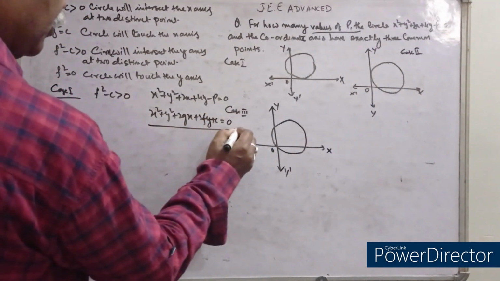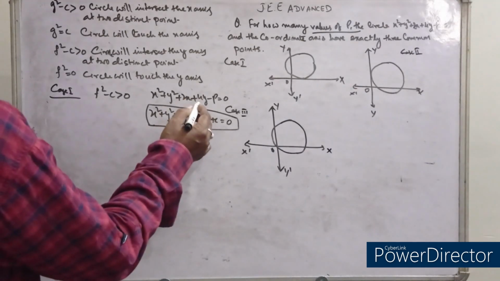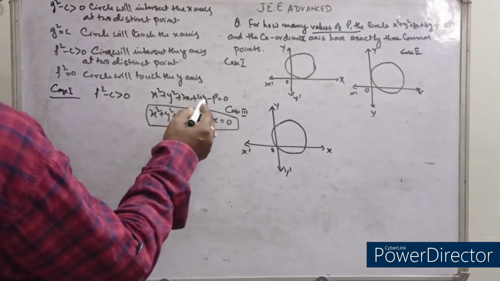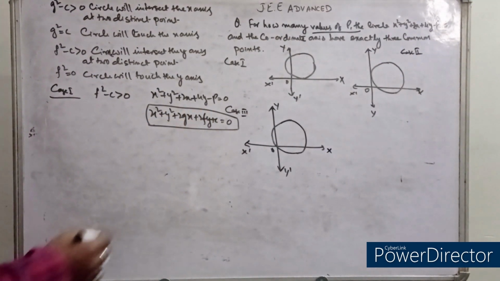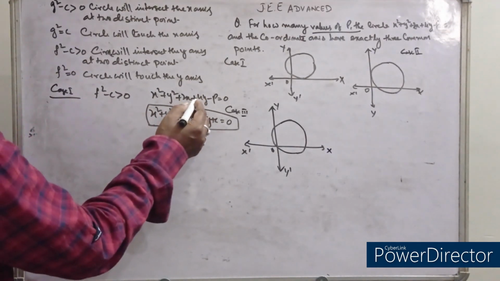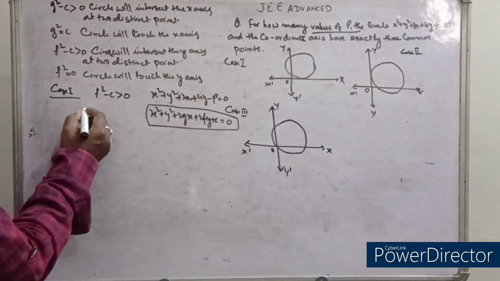From this you can see that your f is 2, because here you can see 2 into 2 into y. So your f is 2.